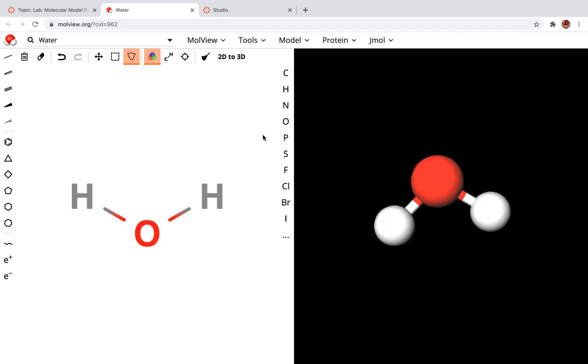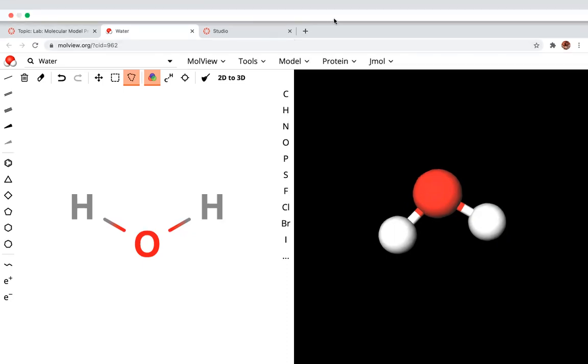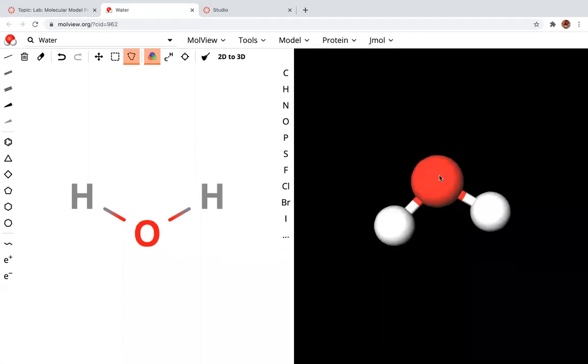The molecule I'm going to talk about today is H2O, which you all know as water. We have a central atom, which is called oxygen, as O. Then we have two hydrogens bonded with oxygen.